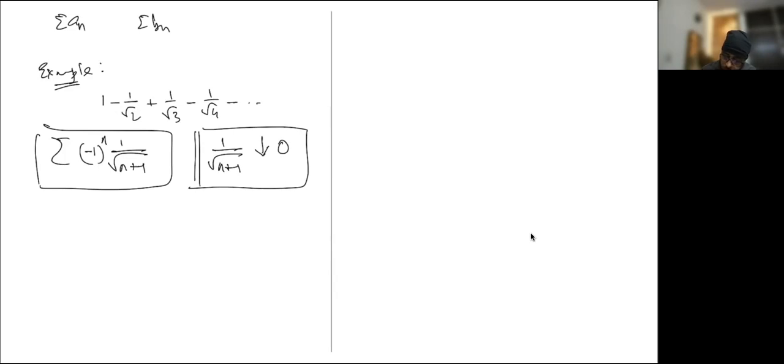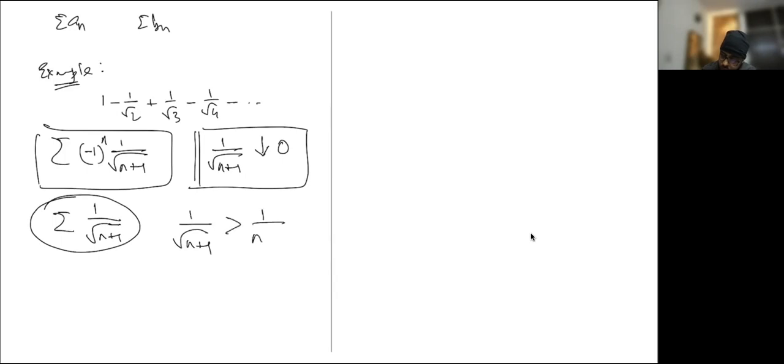But this series does not converge absolutely. If you look at this series, then you can see that 1 over root n plus 1 is greater than 1 over n plus 1. And by comparison test, you get that summation 1 over root n plus 1 will not converge, because we have already seen the behavior of this series.